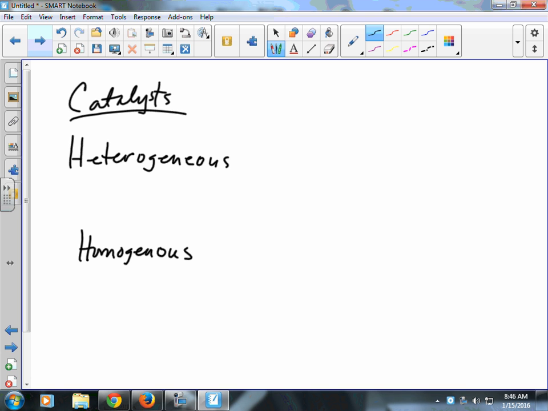Heterogeneous, this is where the catalyst is a different phase, state of matter, from the reactant. And usually it's a solid. Usually it's a metal.